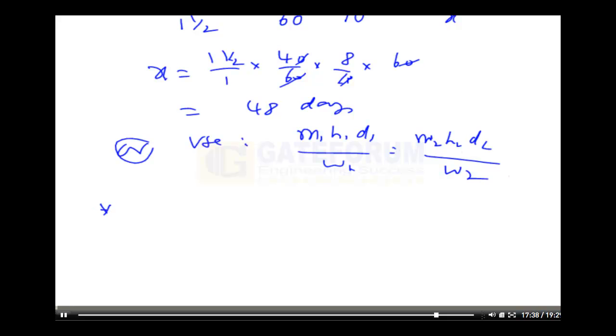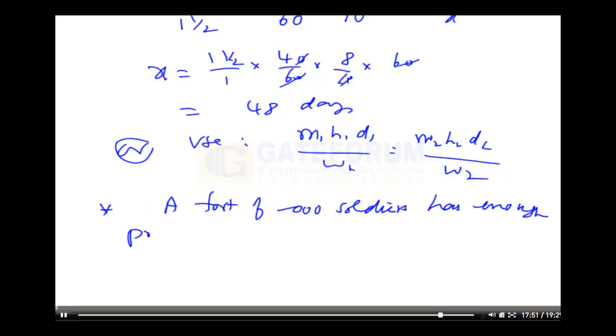One example on proportion I'll give you. A fort of 2,000 soldiers has enough provisions to last for 50 days.